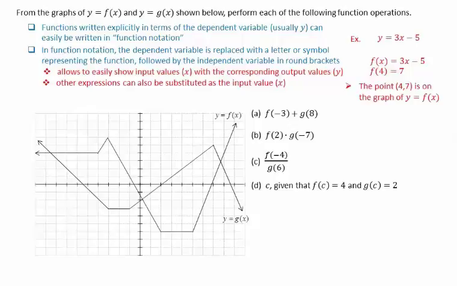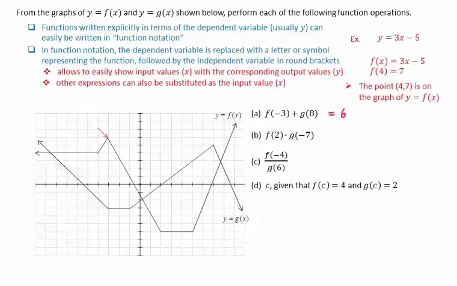First, consider part A, f of negative 3 plus g of 8. For f of negative 3, we have to find the y value when x is equal to negative 3 on the function y equals f of x. That corresponds to this point right here. Note that the y value here is 6.